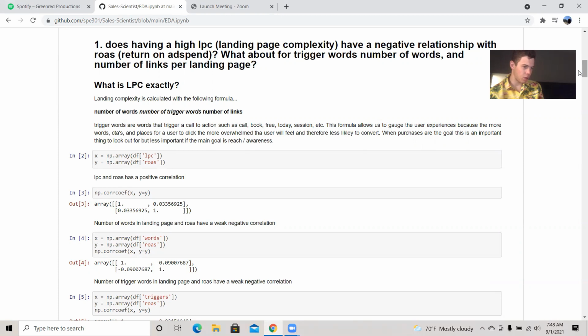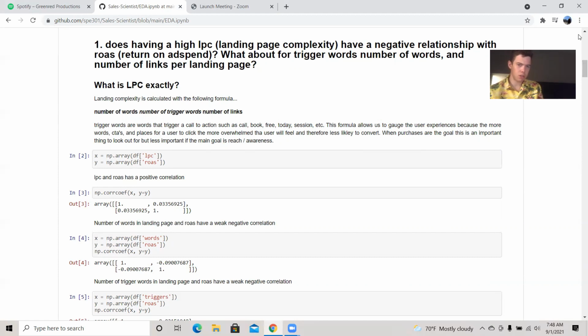Overall, surprisingly enough, landing page complexity actually has a positive correlation with return on ad spend, which is not what I would have expected. But I dissected it and looked at each individual feature.